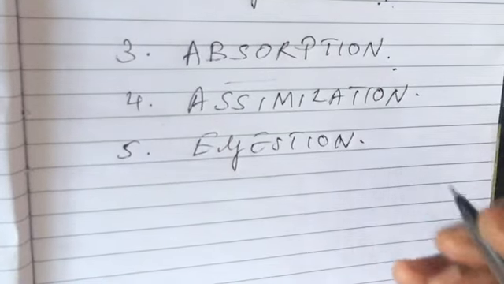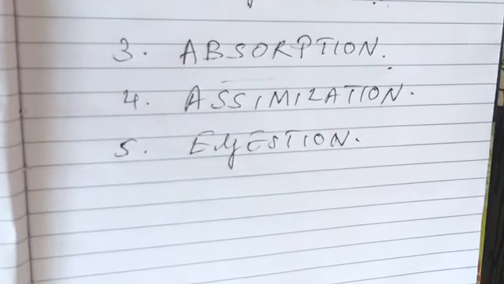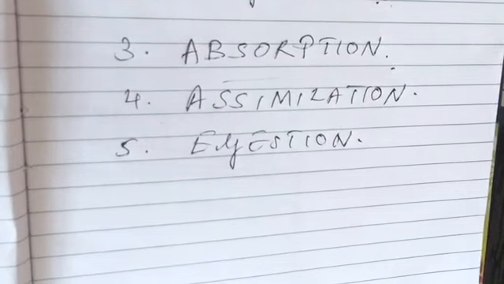Egestion means removal of the undigested food, which we call the roughage. Don't confuse it with excretion. In egestion, the undigested food, that is the fecal matter, is expelled out of the body through the anus. Whereas excretion is the removal of metabolic waste of the body, which is produced as a byproduct in the chemical reactions inside the body.